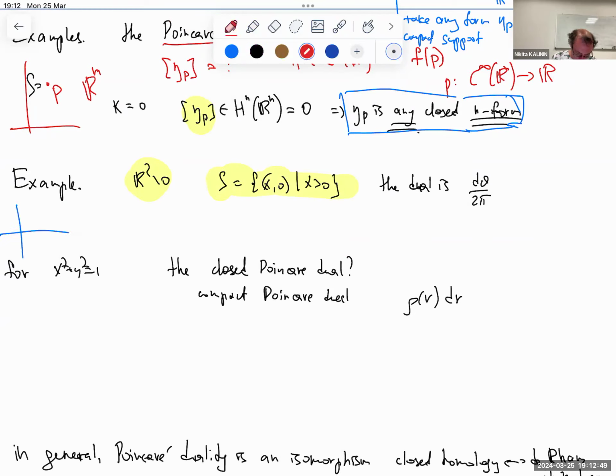Since I don't have zero, that's just a submanifold, and it's closed, right? But not compact. So it means that we can construct the usual Poincare dual, and I claim that it will be just d phi over 2 pi, where phi is the polar coordinate.